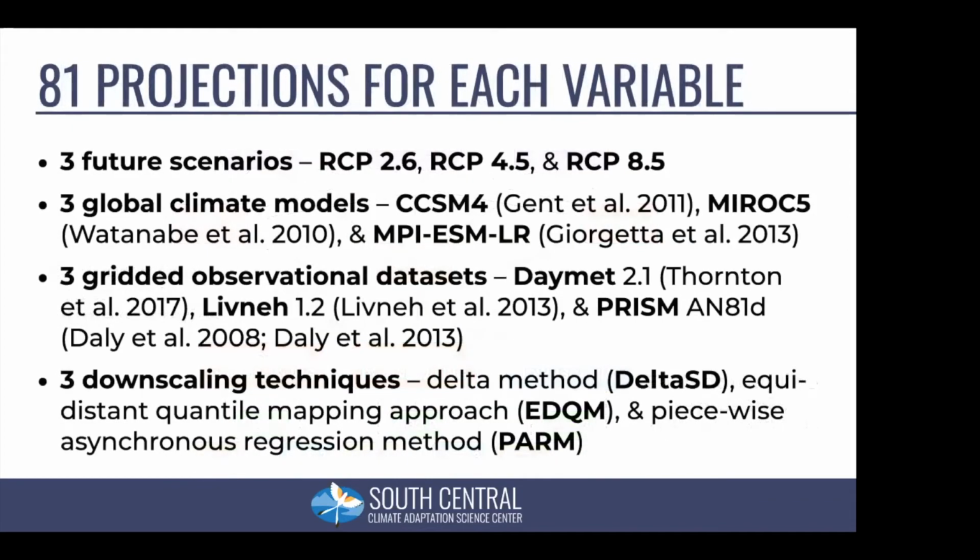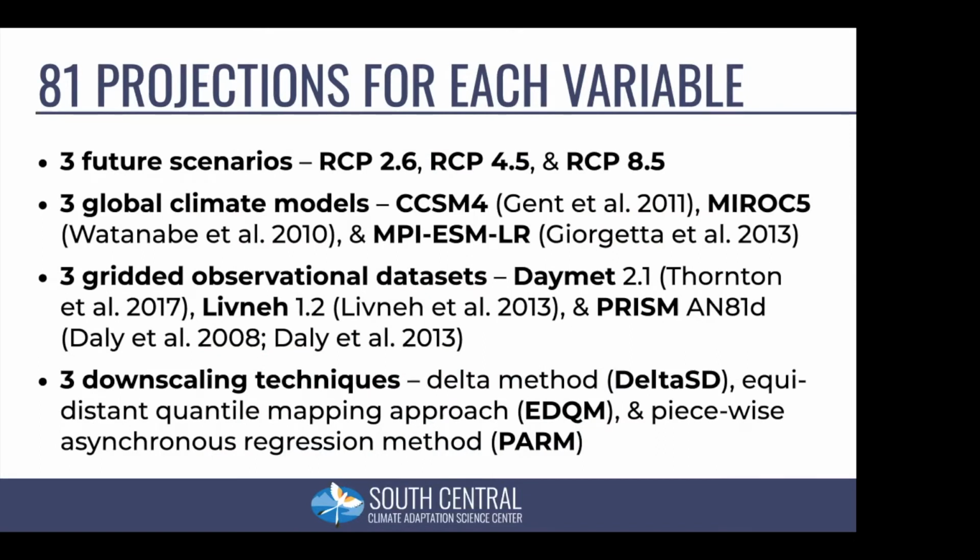Our three scenarios that we use are RCP 2.6, 4.5, and 8.5, giving us a range of societal responses to climate change. We use three global climate models that have been analyzed for our region and were shown to produce a representative climate historically. Each downscaling method was trained using three different observational data sets that are heavily used in climate-related research.